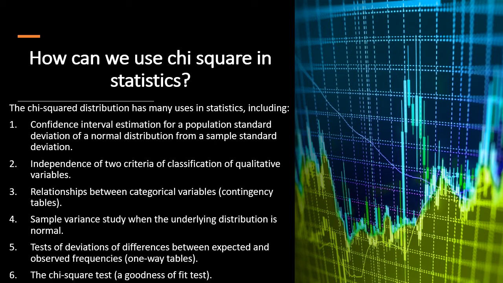We can also find out independence of two criteria classification of qualitative variables. We can find out the sample variance study when the underlying distribution is normal. We can use the chi-square test as a goodness of fit test in general.